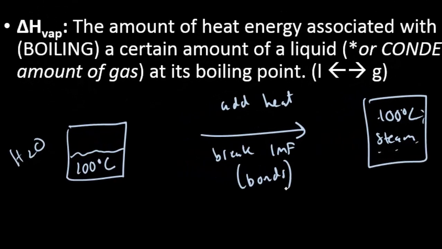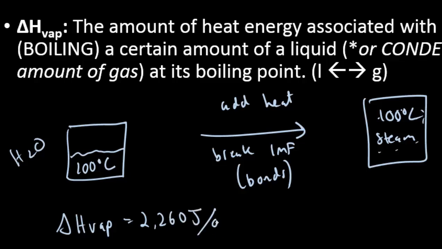We're going to break those bonds in order to vaporize my liquid. And so the heat of vaporization for water is equal to 2,260 joules per gram. It takes a lot more energy to vaporize than it did to melt it. And so there's our heat of vaporization for water.